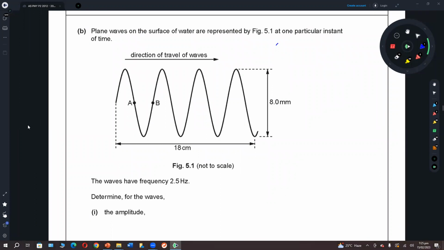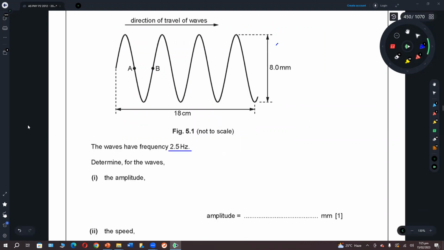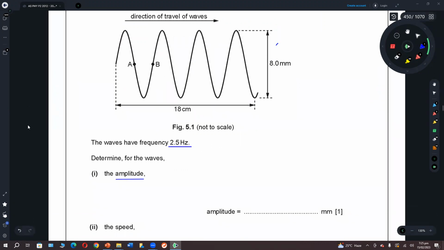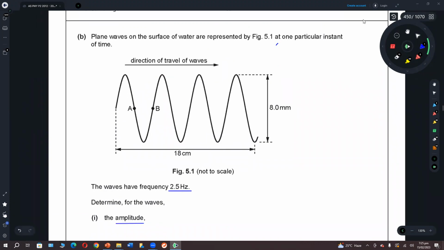Plane waves on the surface of water are represented by figure 5.1 at one particular instant. The wave has frequency 2.5. Determine for the wave the amplitude. Remember, amplitude is the height of a wave, and he's trying to trap you because he has not given us the central x-axis.